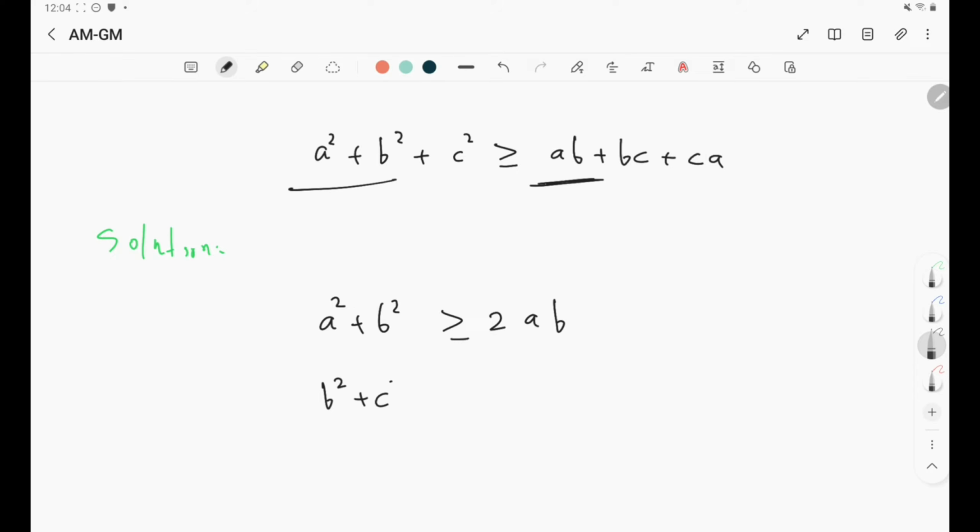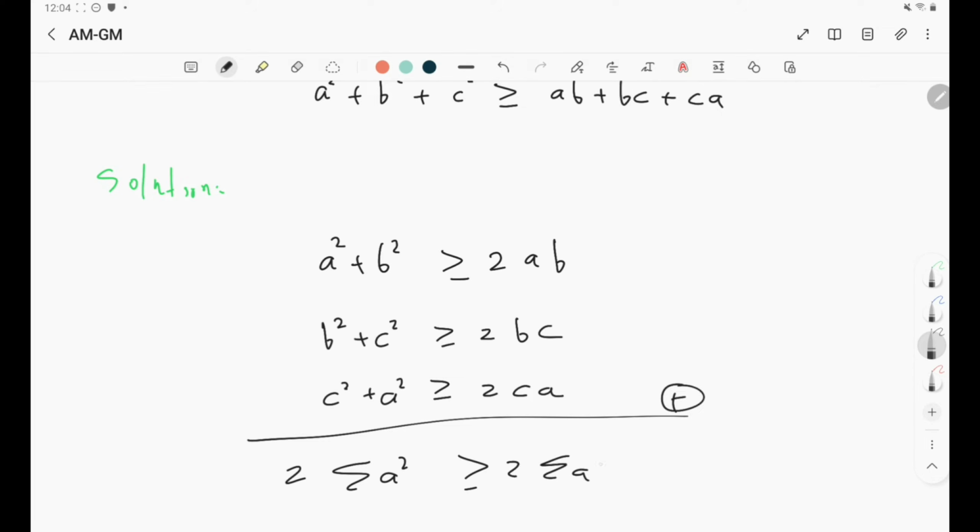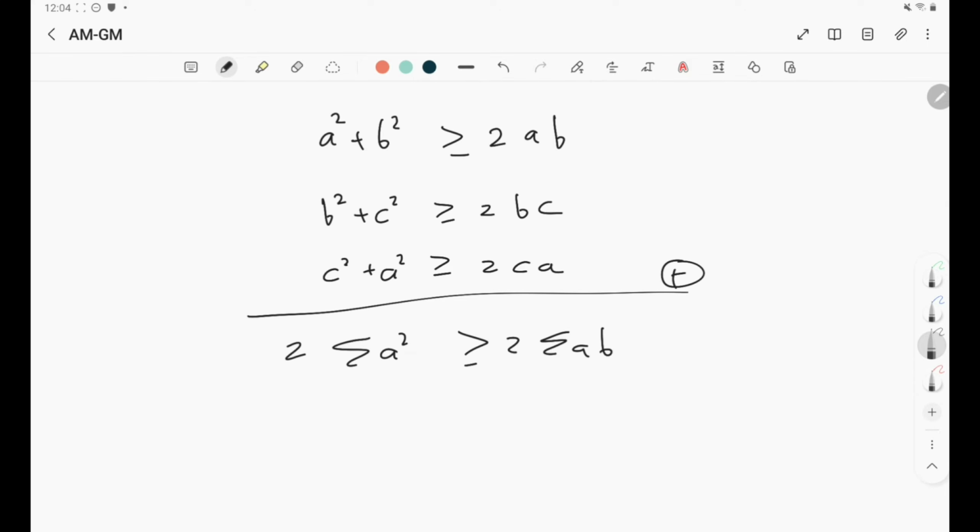B squared plus c squared is greater than or equal to 2bc. And c squared plus a squared is greater than or equal to 2ca. Guess what? Now, if we just add these 3 inequalities, we're done. Because now we'll get 2 sigma a squared, and here 2 sigma ab. So basically, we can cancel the 2 and get our inequality.